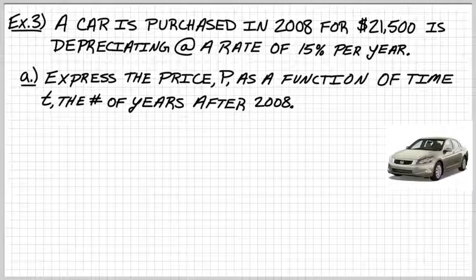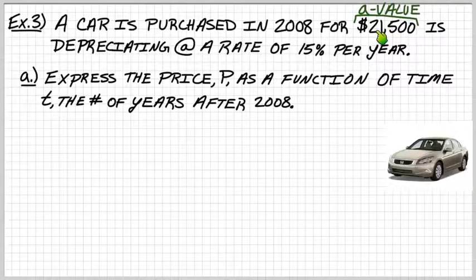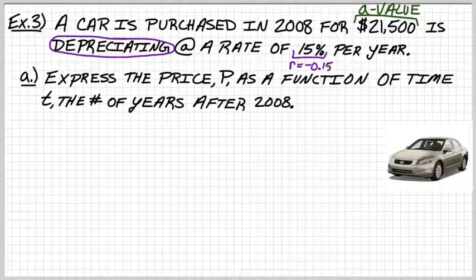So let's just identify the values and put them in the equation correctly. So 21,500 up there, that's going to be our A value. That's the starting value for the car. It only goes down from there. And then our rate. So it's actually depreciating 15%. So that means R has got to be negative 0.15. So it's actually decaying.